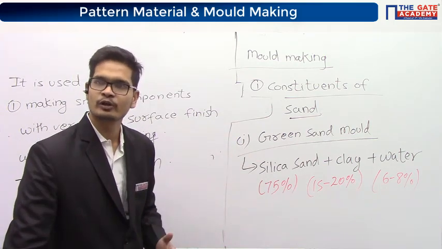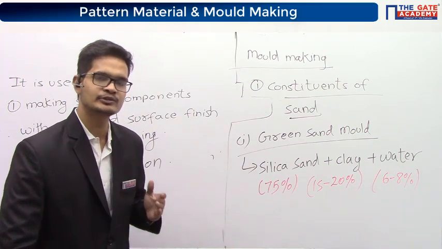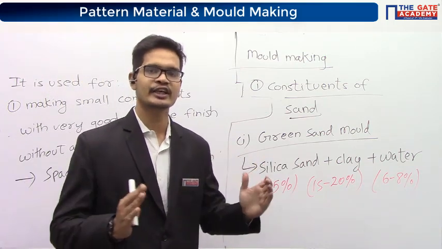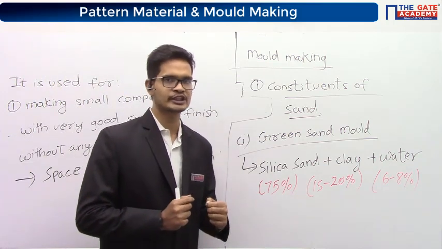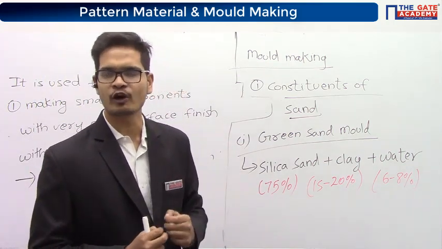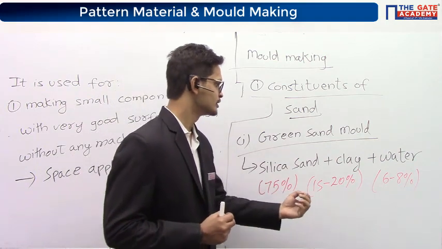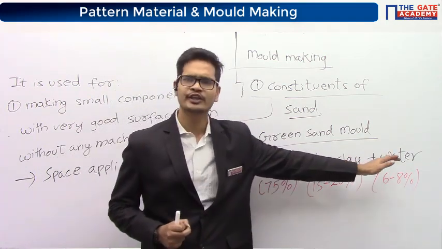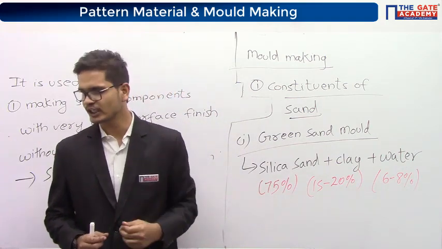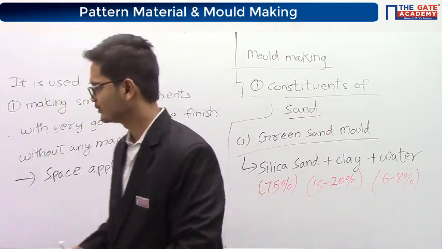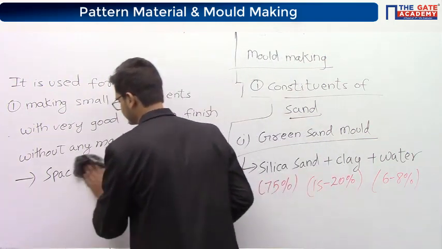Once the green sand mold has formed, sometimes what we do is we heat the green sand mold. And when we heat the green sand mold, whatever water was present in the green sand mold evaporates. So there is no water, right? So the molding sand is now dry. It will be called a dry sand mold.